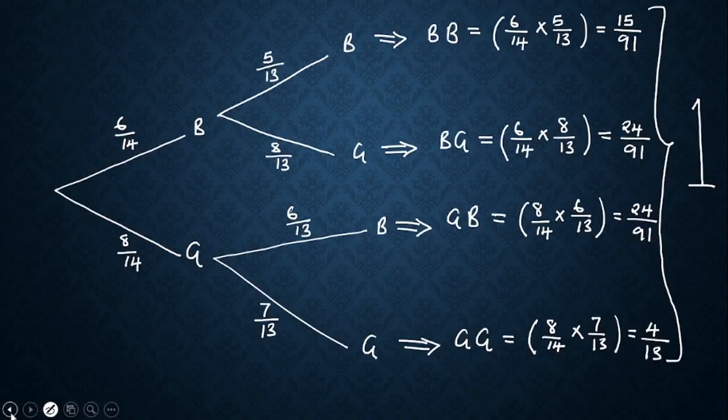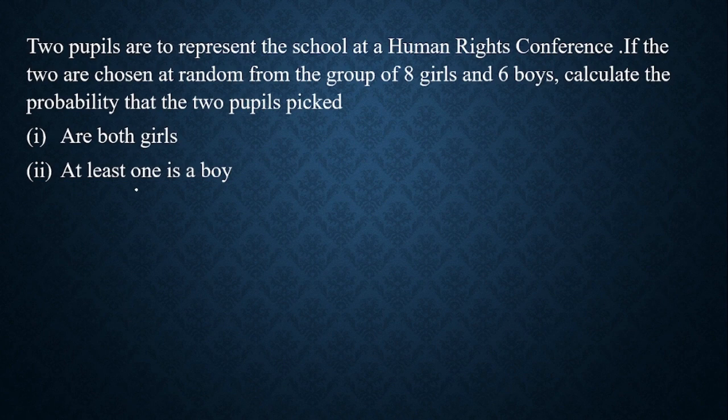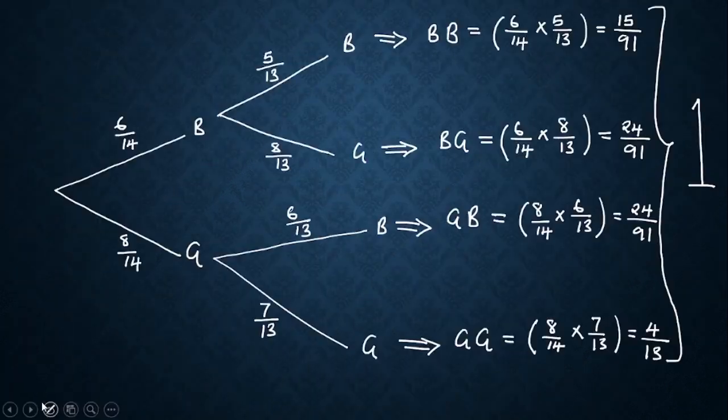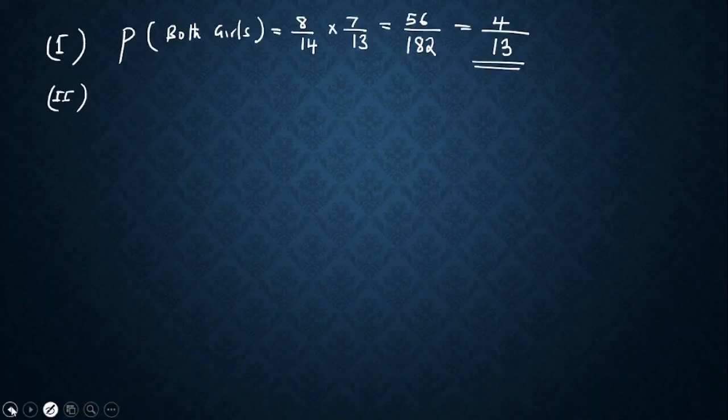Then we go to the next question, where we are told that at least one is a boy. Now when you say at least one is a boy, in this case we have got different options of picking one as a boy.